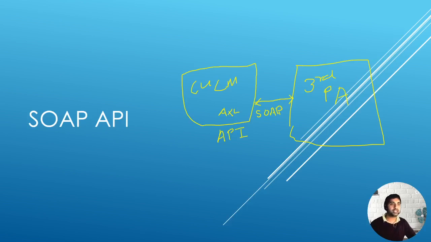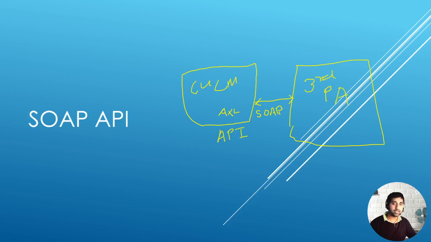SOAP is basically the Simple Object Access Protocol. Just like you have the SIP protocol for calling, registrations and everything else, you have the SOAP protocol, and the specification of SOAP is currently 1.1. So using this protocol, you can do provisioning in the CUCM.